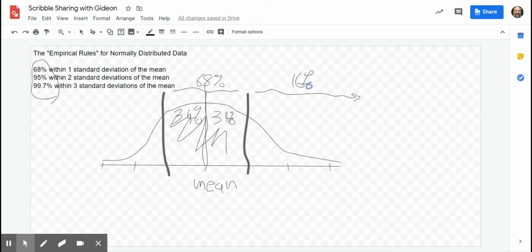I'll continue. We want to know about the next layer. That's the 95%. The 95% is quite common. The reason is in social sciences and education, usually our statistical tests are based on the 95%, meaning something has to be in the outside 5% for us to go, something remarkable is going on here.